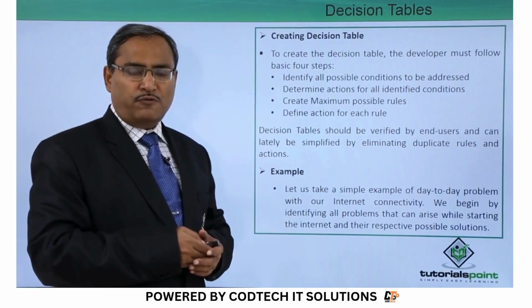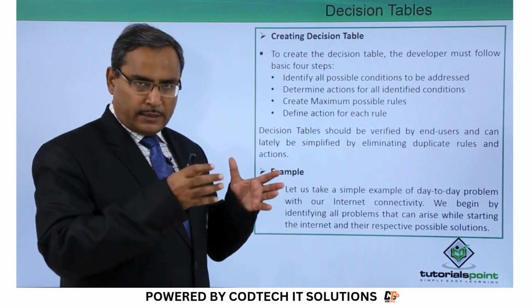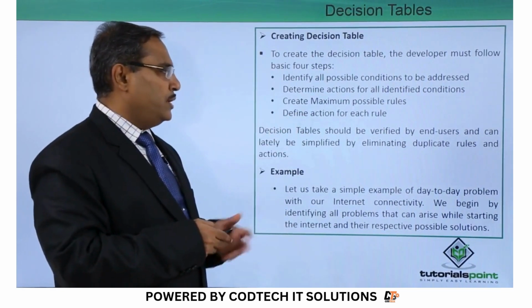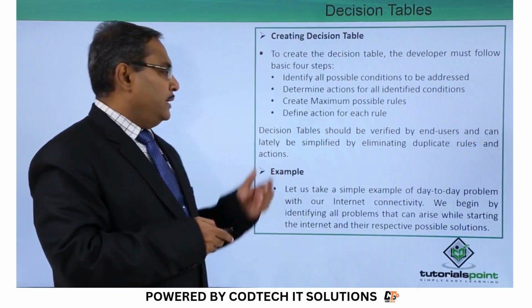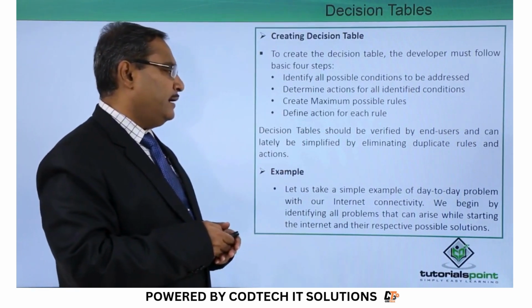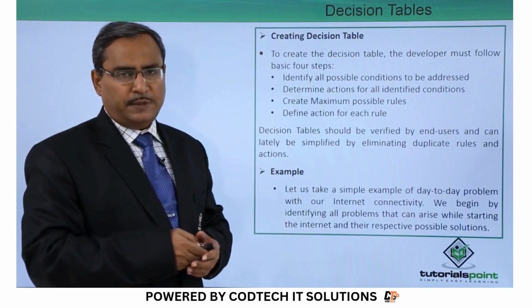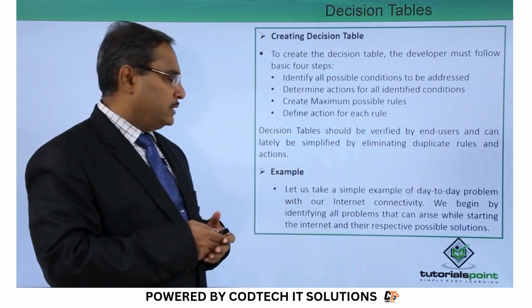Obviously, I should not go for redundant rule creation, but whatever is possible in the respective business logic. So create the maximum possible rules and define an action for each rule. The decision table should be verified by end users and can be simplified by eliminating duplicate rules and the respective actions.